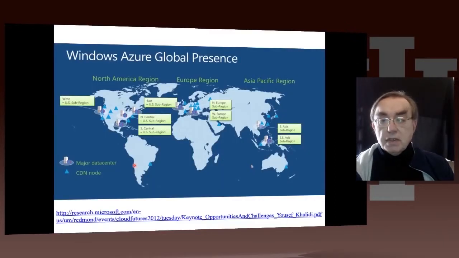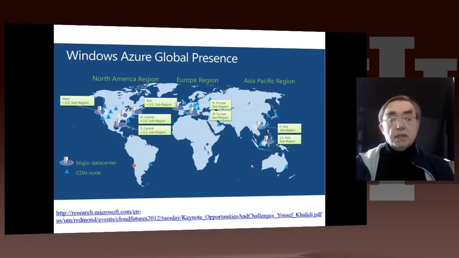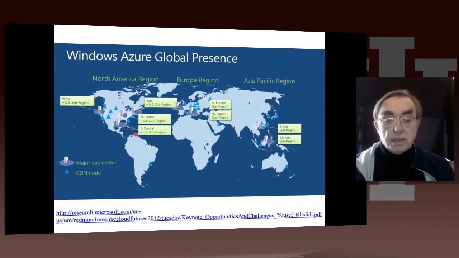Here again, these are Microsoft slides, because Microsoft's actually a little more open about what they do than some of the other companies. Google's especially mysterious, and Amazon is pretty mysterious. So here you had the various regions. This was 2012, around May, so that's almost 2 years old.